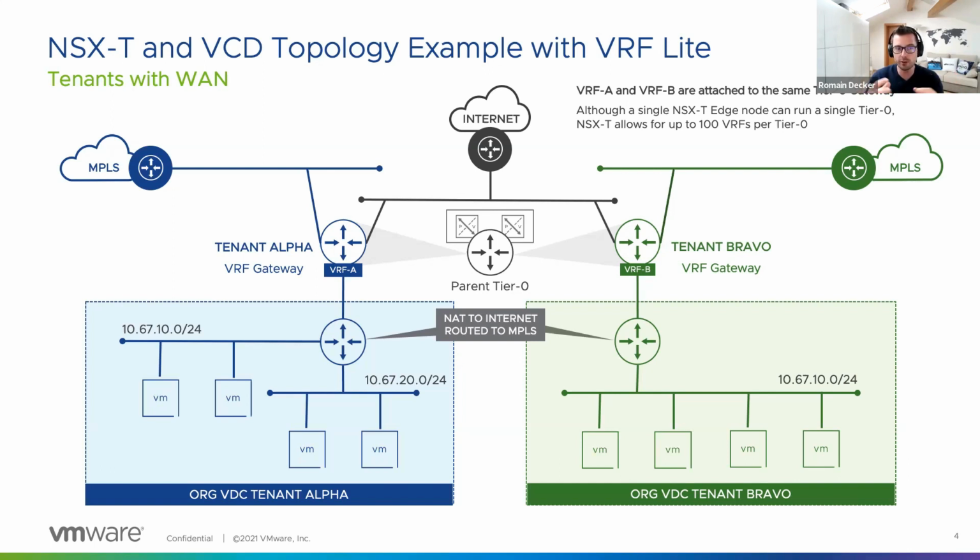Because obviously, if you have a parent T0 that is composed of only 2 or up to 8 edge nodes, the bandwidth is shared between all the tenants. That said, it's not that bad because you can go up to, I don't remember if it's 40 or 50 gigs per second per edge node. So you have plenty of bandwidth.